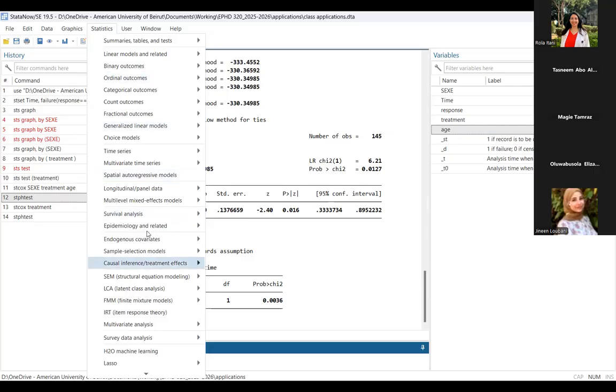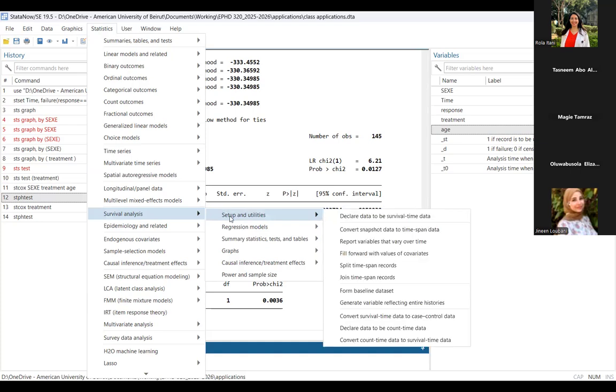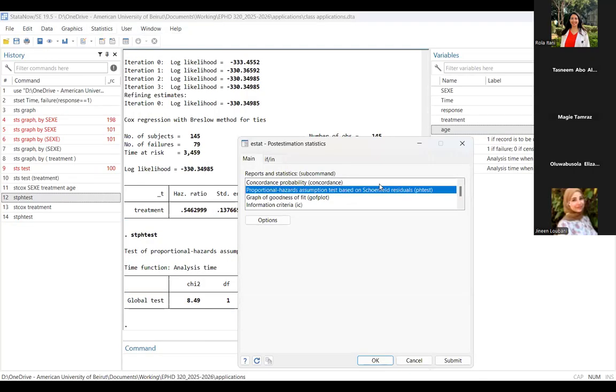Or not? And in SPSS, let's see: survival, regression, Cox proportional hazard, test the PH assumption. So this is where it gives me that chi-square. This is based on something called Schoenfeld residual.